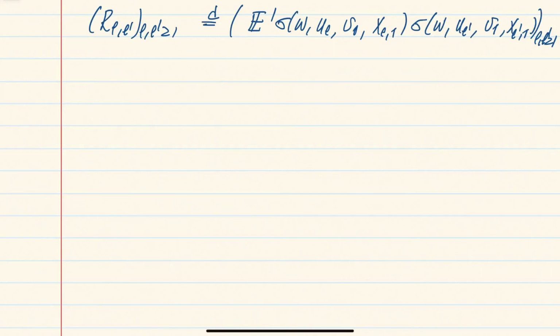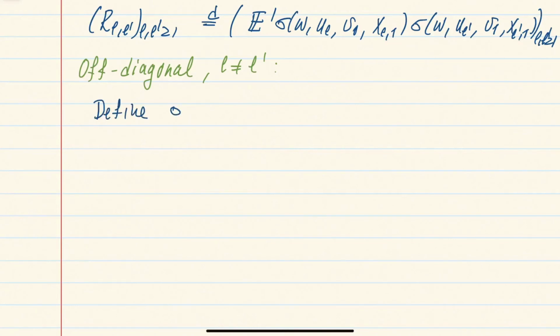And for that, let's first look at off-diagonal elements. If you look at the expectation above, when L is not equal to L', these X's, XL1 and XL'1, are independent, so the expectation will be taken separately. So as a result, if we define the following function, call it sigma with index 1, which will depend on just w, u, and v. And it's just the average of our function sigma with respect to the last coordinate.